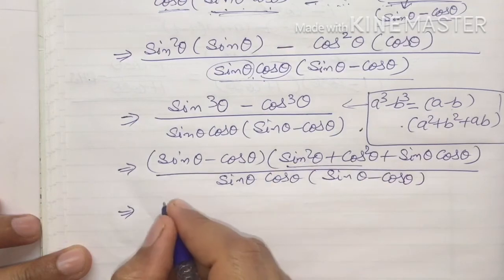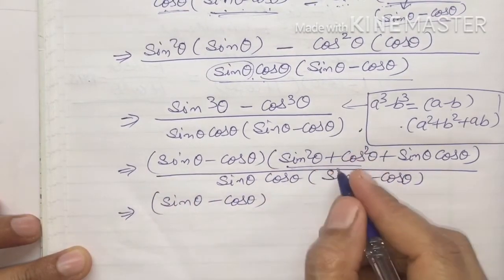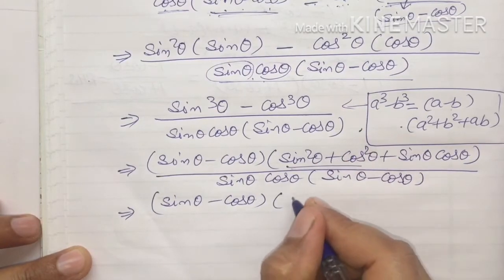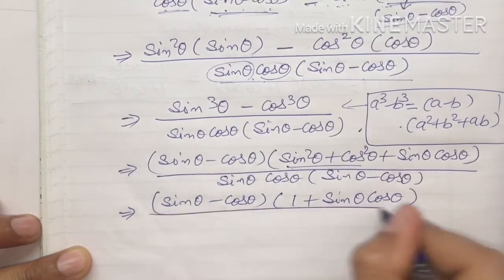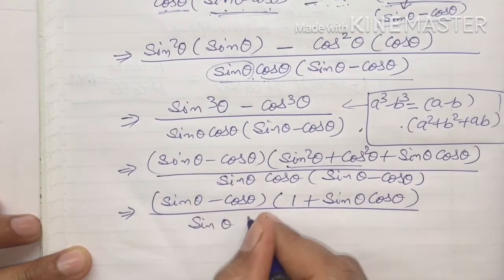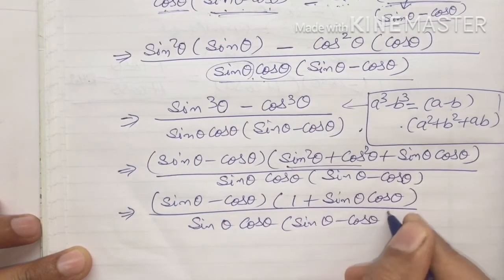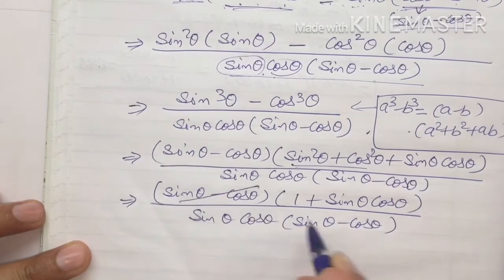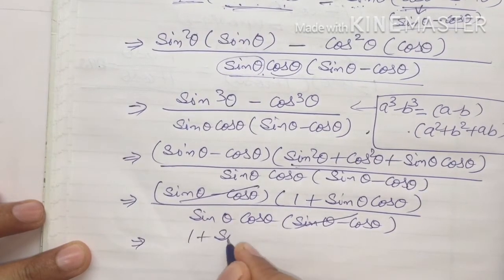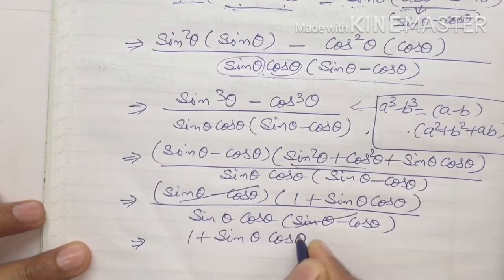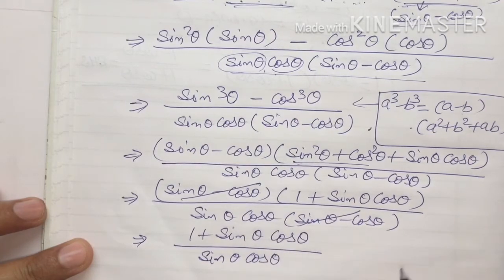So this is equal to 1. We will write this, sine square theta plus cos square theta is equal to 1. So 1 plus sine theta cos theta upon same denominator, and in the bracket sine theta minus cos theta. So now we can cancel the same terms. We will cancel this, and it will be 1 plus sine theta cos theta left in the numerator, and in the denominator sine theta and cos theta.